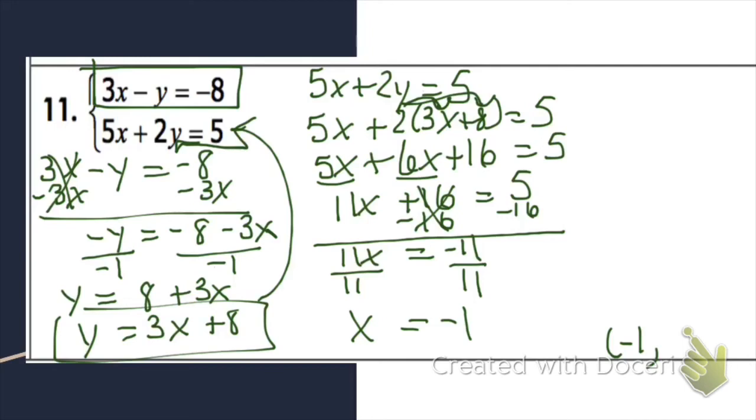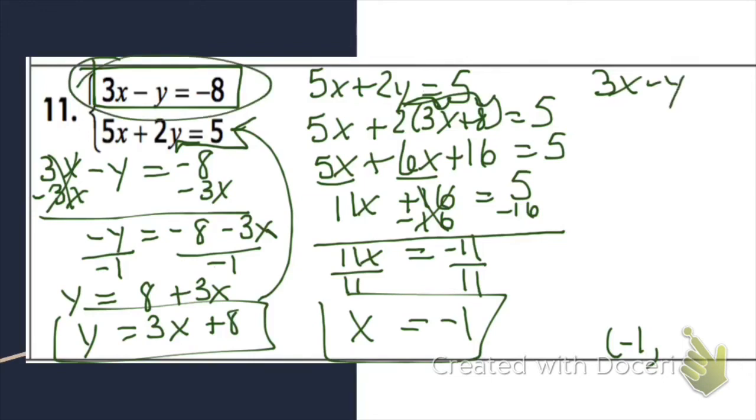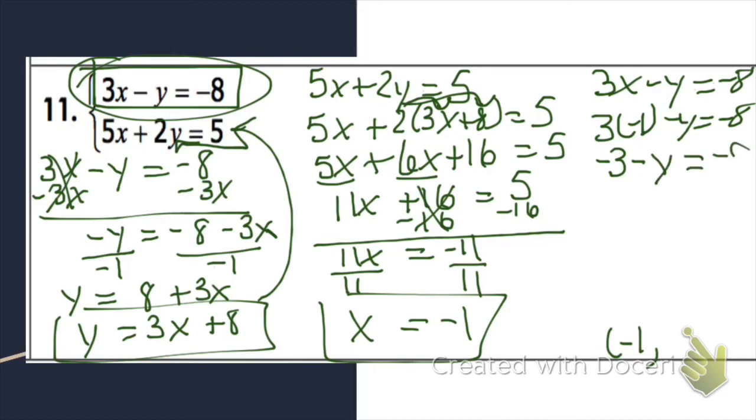Now that I have this value, I'm going to substitute it into that original equation, which is right here. So I'm going to do 3x minus y equals negative 8. Substituting my negative 1 in, it's 3 times negative 1 minus y equals negative 8. 3 times negative 1 is negative 3, minus y equals negative 8.